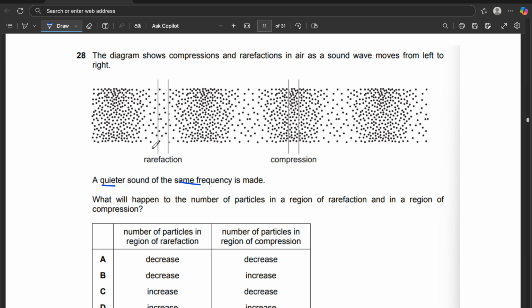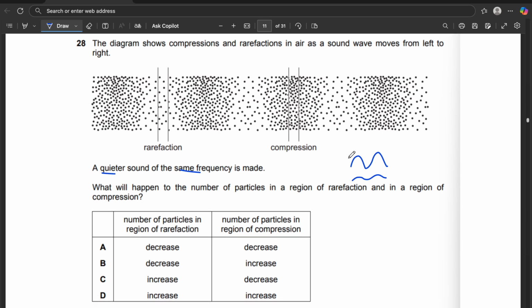Now, for a quieter sound, we know that the amplitude will be smaller, but the frequency is going to be the same. It's going to be similar to this, right? So apparently, at the compression, the number of particles will be decreasing.